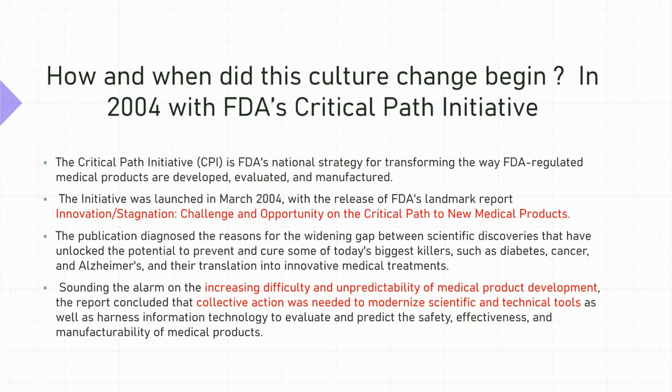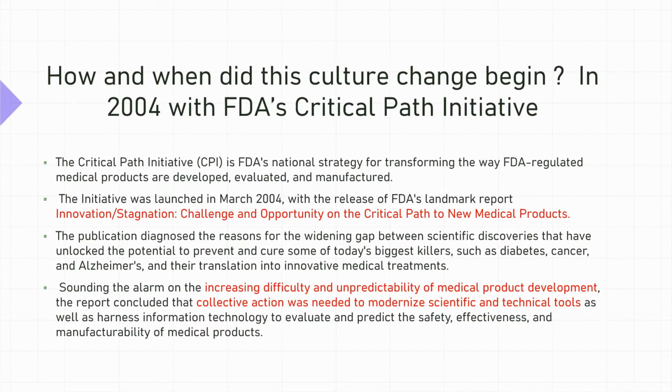That publication diagnosed the reasons for the widening gap between scientific discoveries that have unlocked the potential to prevent and cure some of today's biggest killers, such as diabetes, cancer, and Alzheimer's disease, and their translation into innovative medical treatments.